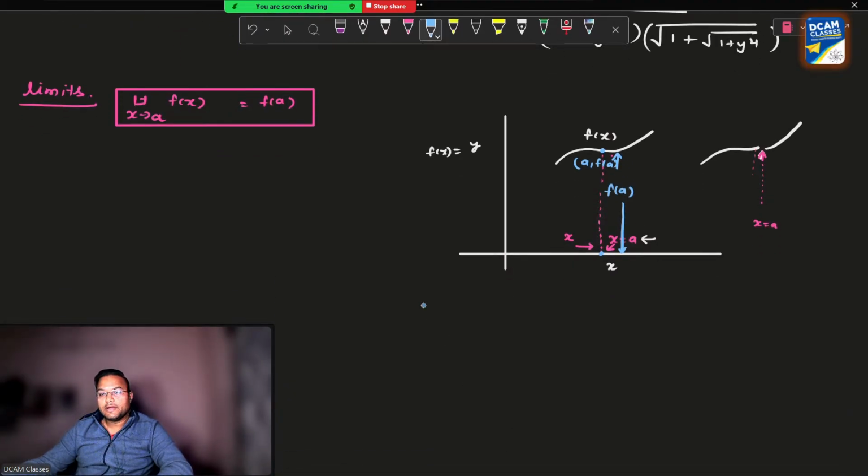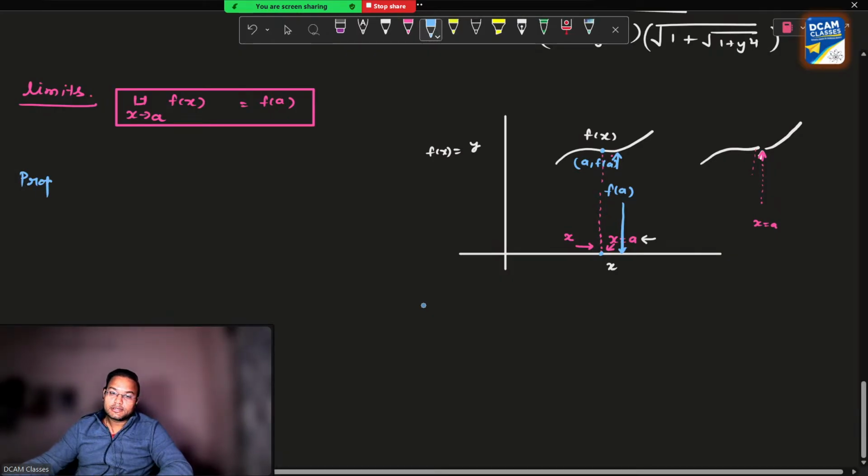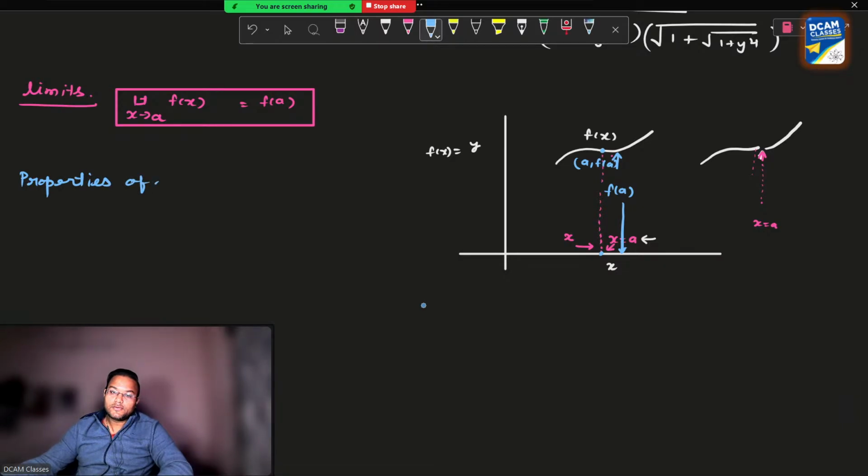Now, once we have learned this concept, there are certain rules and properties of limits that you need to understand before solving. Properties of limits. What are those properties of limits?